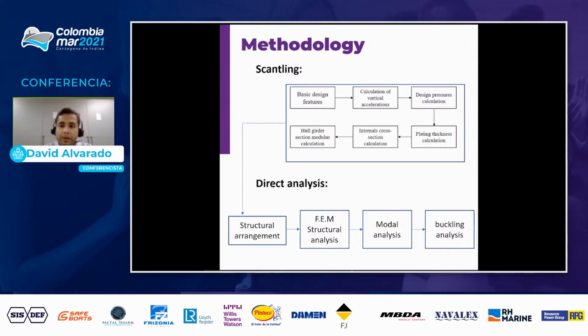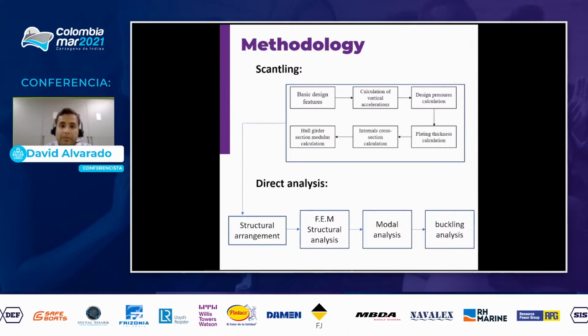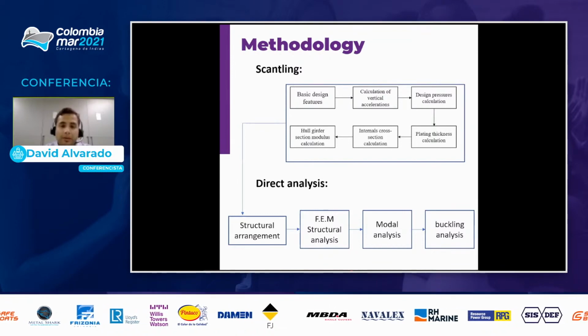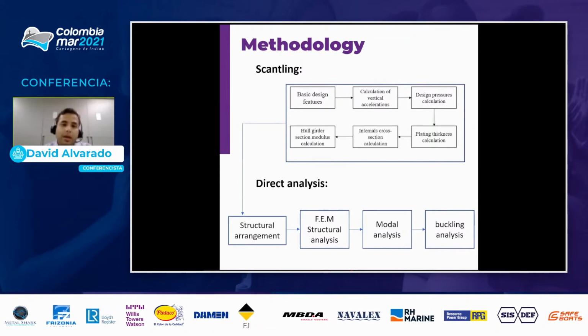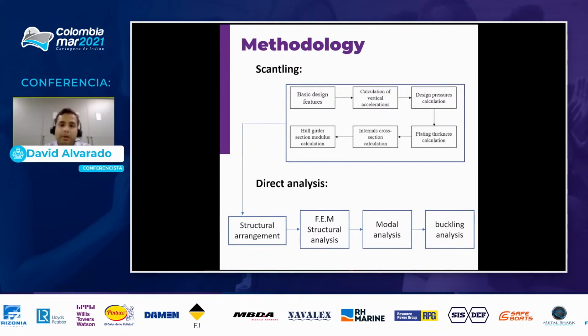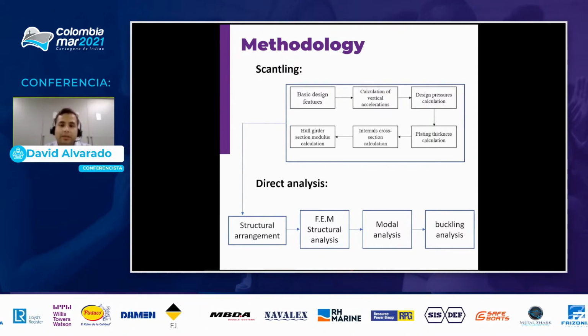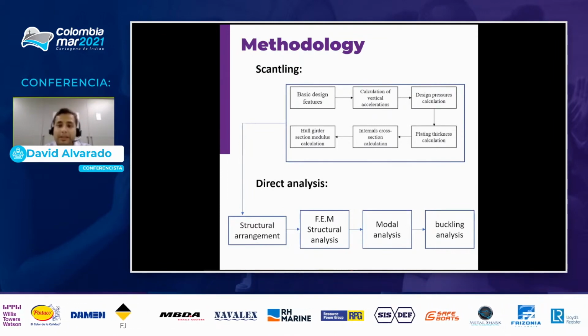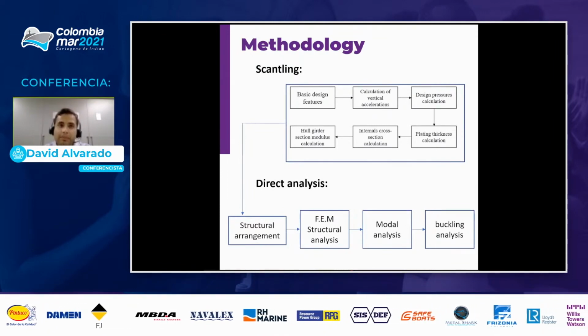The methodology basically is divided into two parts. First, we're going to have the scantling, which is an iterative process, which begins with the basic characteristics of the vessel to calculate vertical speeds as well as design pressures.